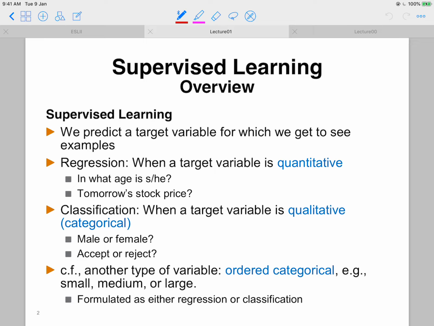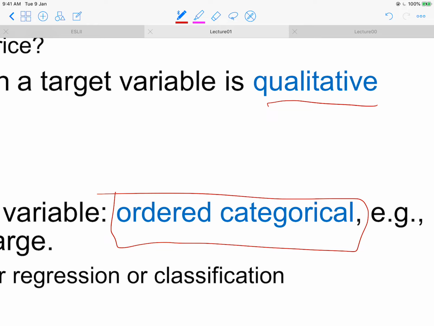Okay, so in terms of the target variable to predict based on the input feature vector, the types of target variable are continuous or quantitative variables, or qualitative or categorical variables, right? And at the same time, there is a third type of variable, which is called the ordered variable. If you consider blood pressure, it can be represented as 108.